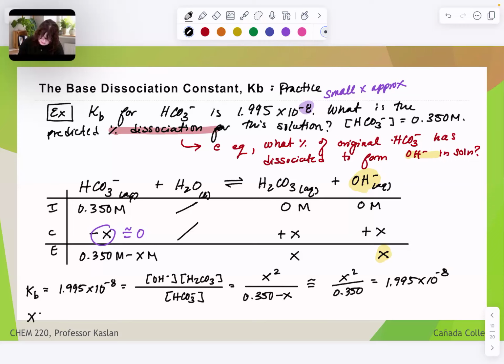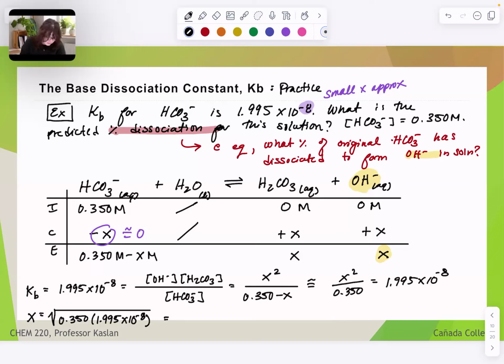This means that x is equal to the square root of 0.350 times our KB, 1.995 times 10 to the negative 8. So let's figure out what that is.